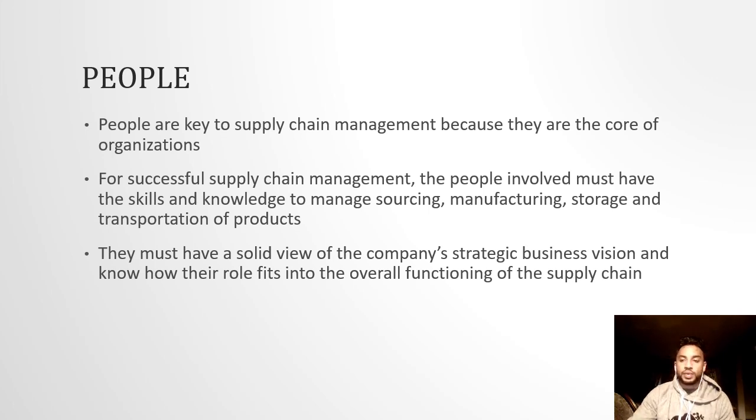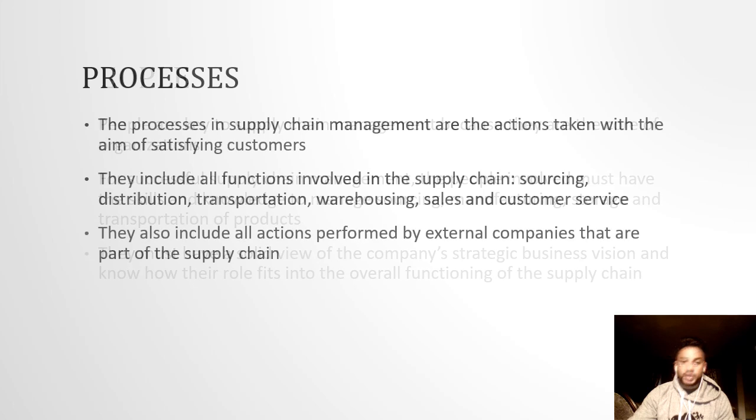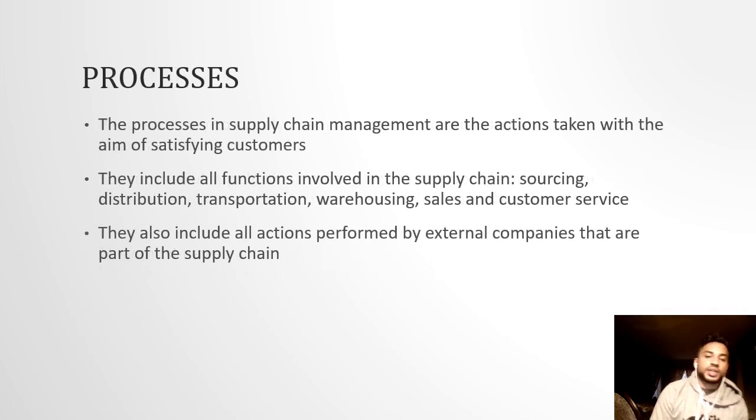Okay, so people, number one. Number two, you have to have the right processes in place. You have to have the right sourcing, distribution, transportation, warehousing, sales, and customer service. So let's say you're selling your product into London, UK. You need to have the right transportation to send your stuff from Canada to the UK.